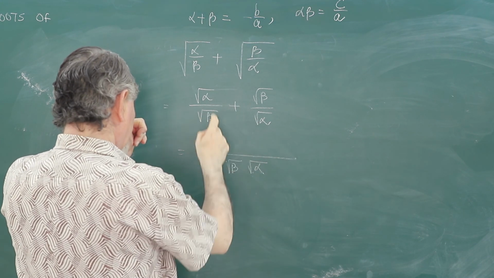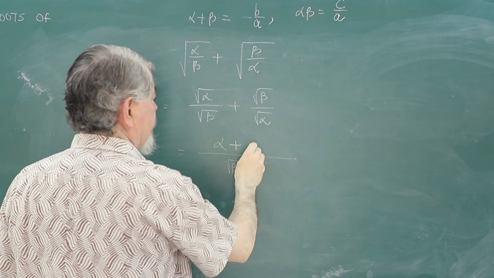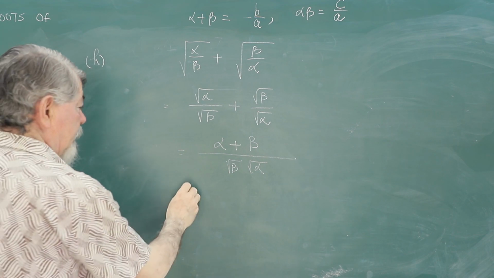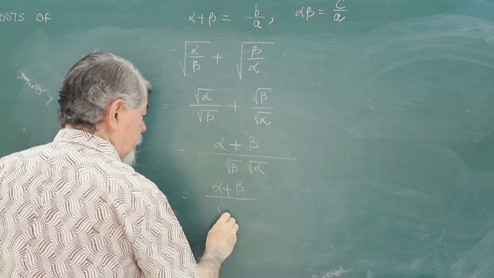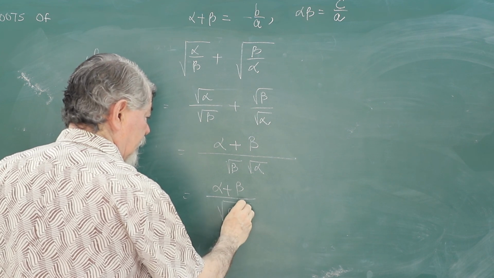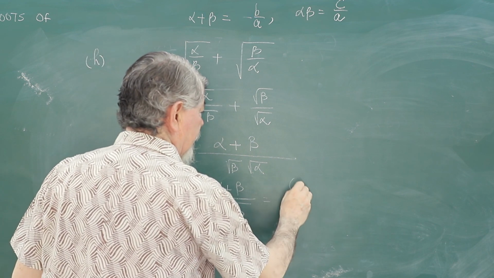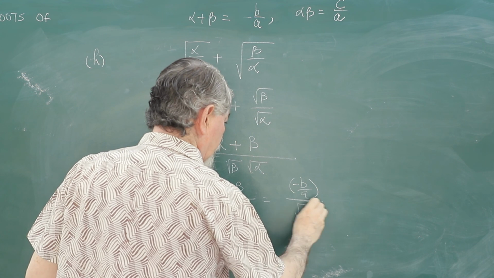Under root alpha multiplied will give you alpha, and under root beta multiplied will give you beta. And this is alpha plus beta upon, this could be written as, under root alpha beta. You know the value of alpha plus beta, that is minus b upon a, and this is under root c upon a.